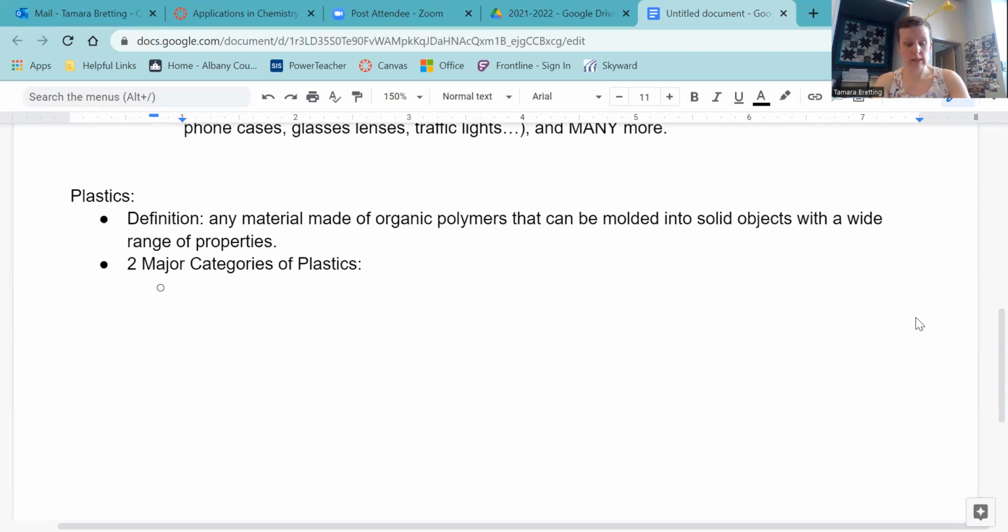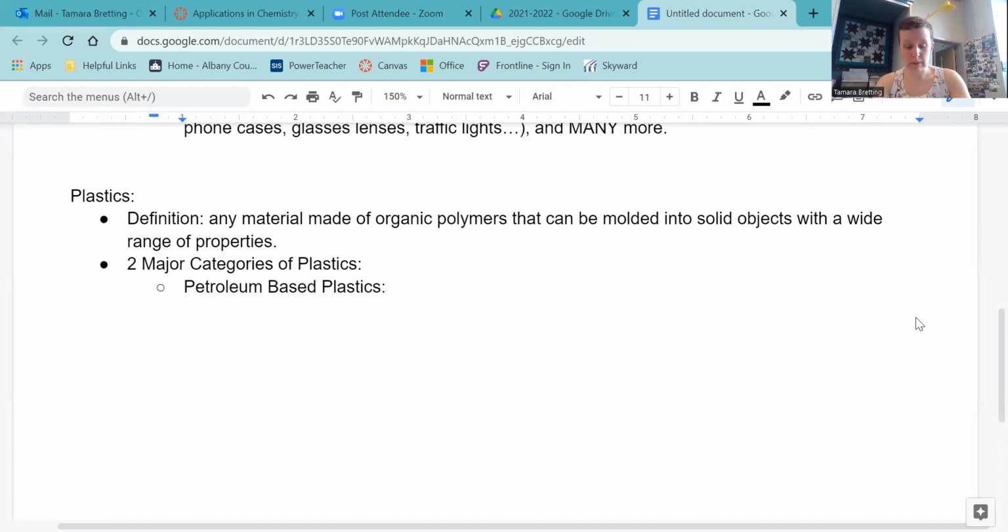The first one is petroleum-based. Petroleum-based plastics. So you may or may not have learned before that many of our plastics are made from petroleum. Yes, oil that comes from the ground. We turn some of the parts of petroleum into plastic, okay?